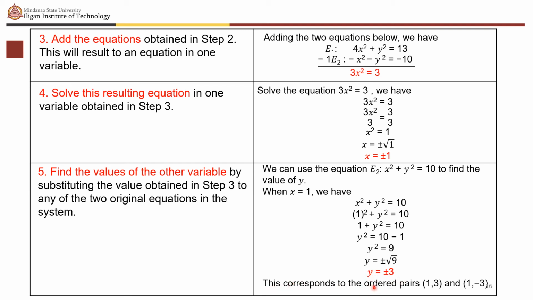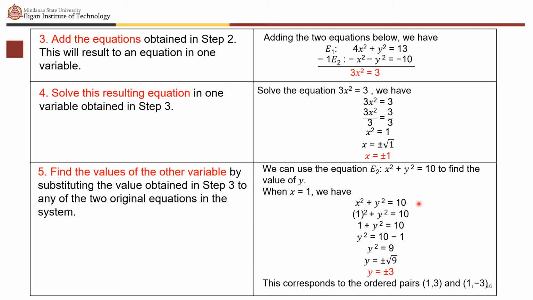This corresponds to the ordered pairs (1, 3) and (1, -3) when x is equal to 1.